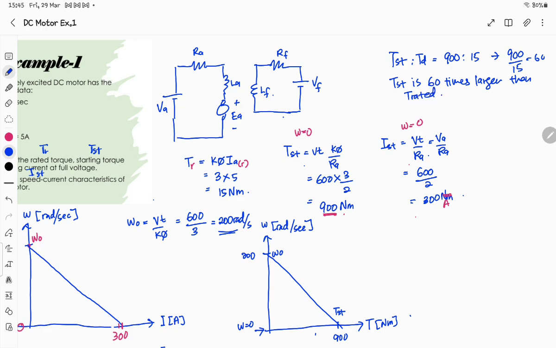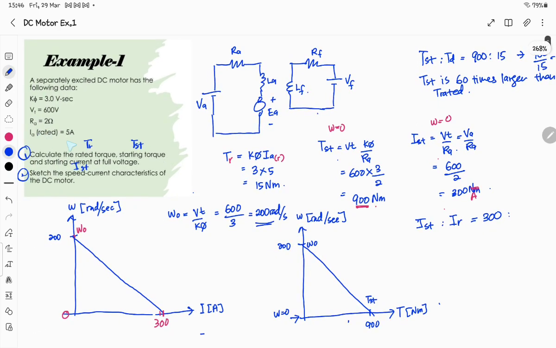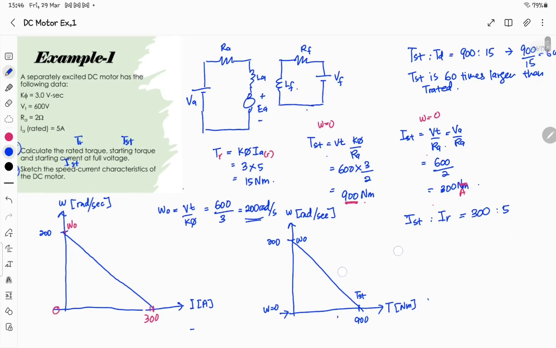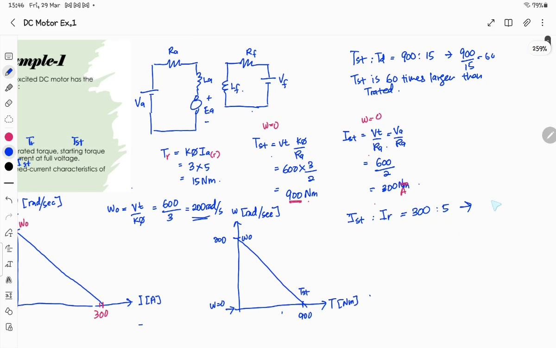Okay, how about current? Now I_ST over I rated equals starting current, which is 300, ratio with rated current here, 5 ampere. We make a division to know how much it enlarges.